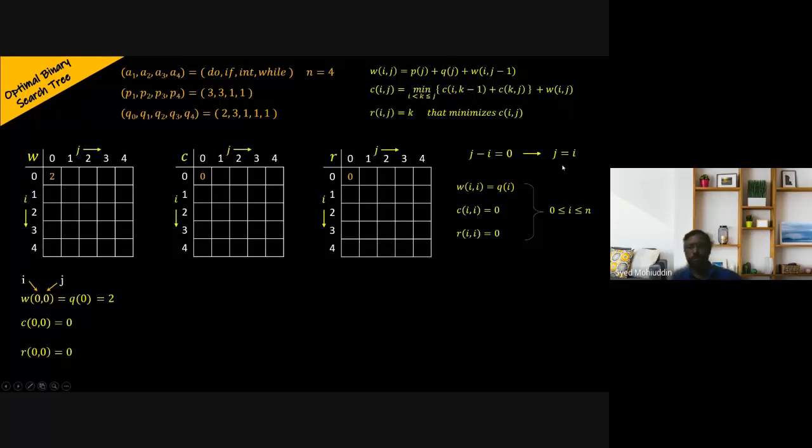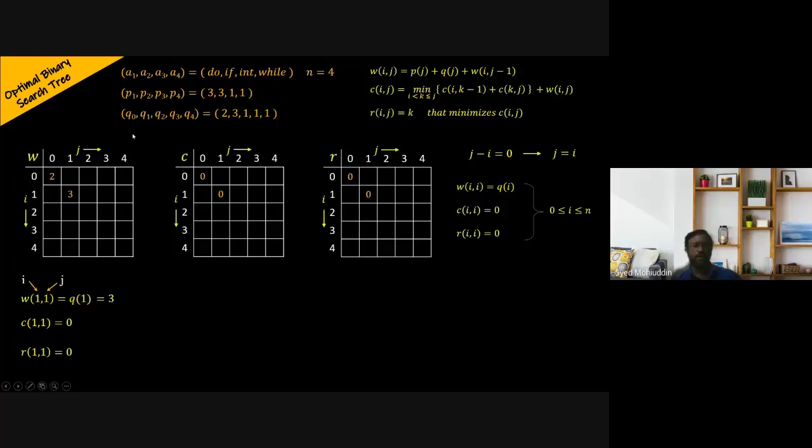So j minus i is equal to 0 means i is equal to j. Now obviously 0 comma 0 is for the external node, so its cost is going to be 0.